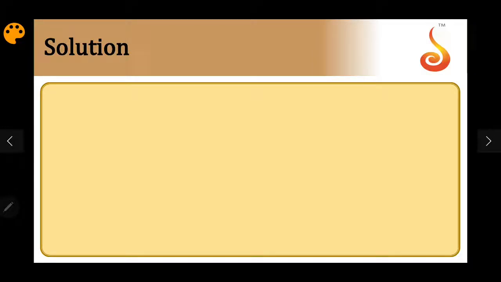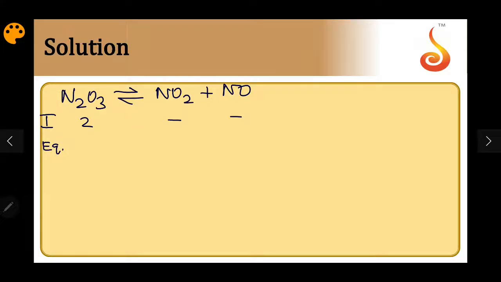So we have N2O3 giving rise to NO2 and NO. So what is initial? This is 2 bar, 0, 0. At equilibrium, this is 2 minus x, and this is x, because we have one more equilibrium, NO2 giving rise to N2O4.